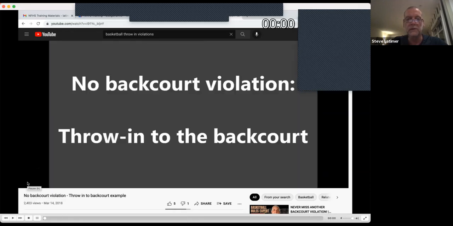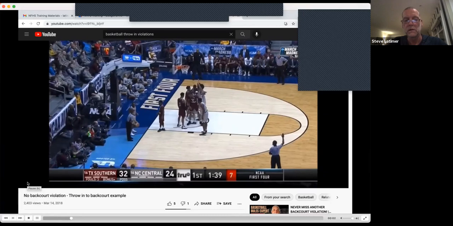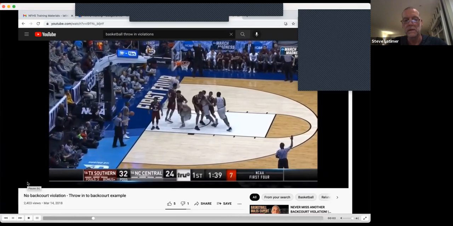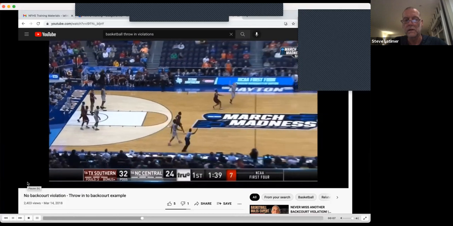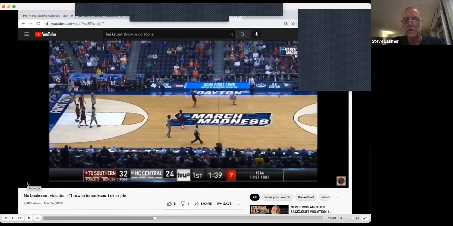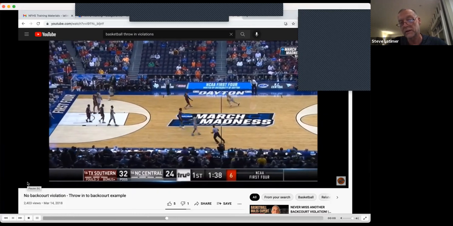Why are we not back jumping here? So it looks like that is his right foot is what I'm seeing as having landed and as his pivot foot, and then he dribbles.